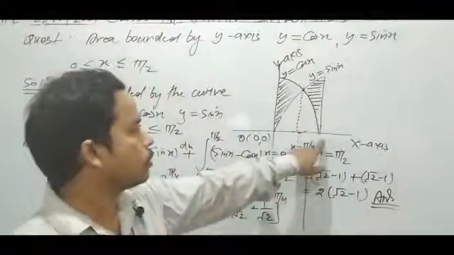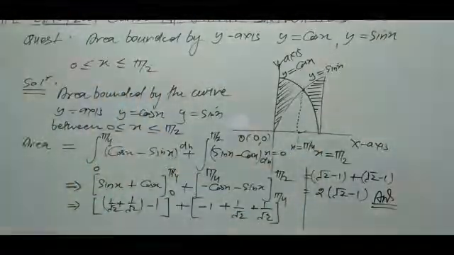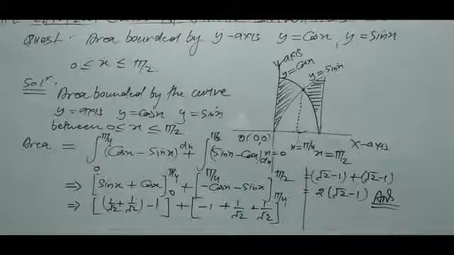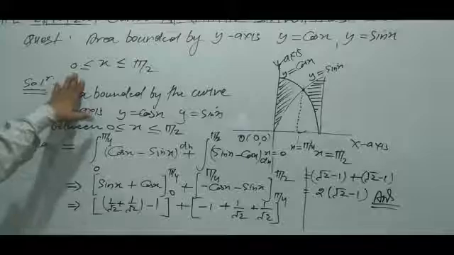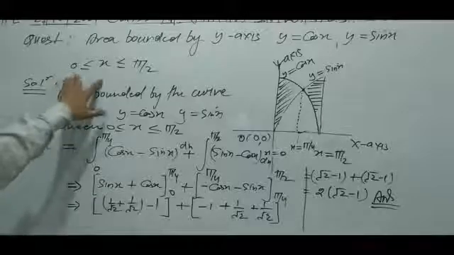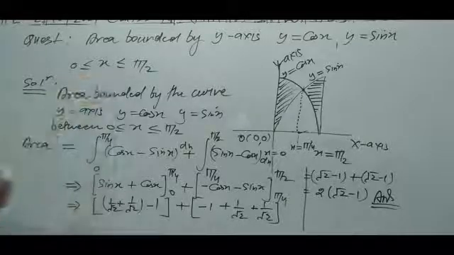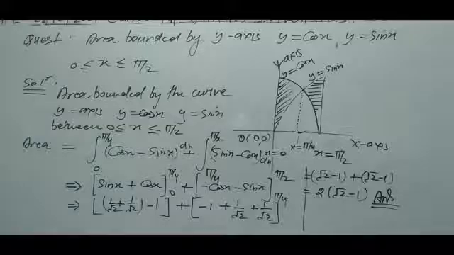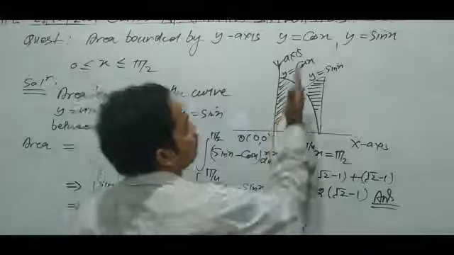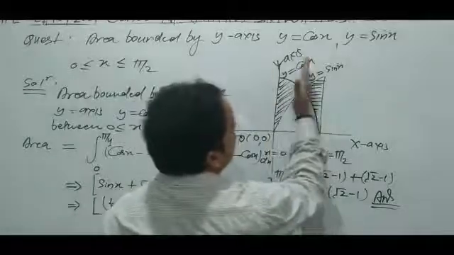There is a point x is equal to pi by 2. And suppose in this question it is given, we have to find out the area between x is equal to 0 to x is equal to pi by 4. So we have to take only this region area.